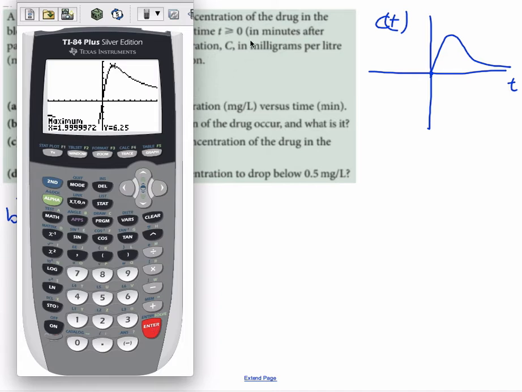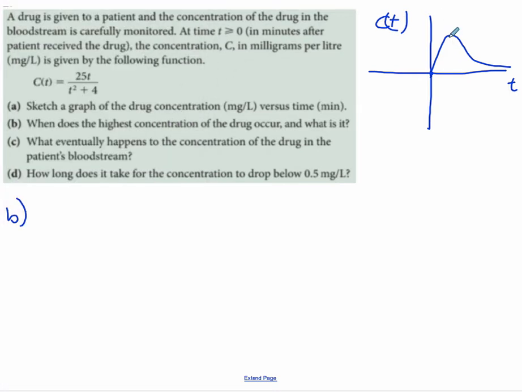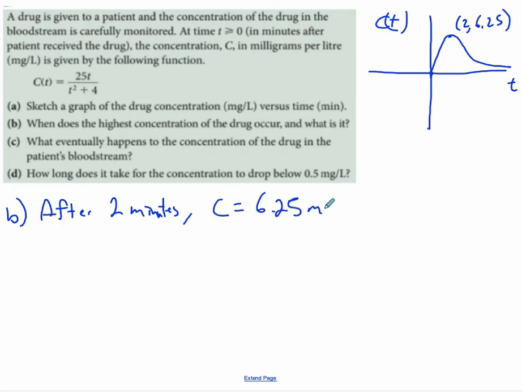It looks like about (2, 6.25). So it happens after 2 minutes, and the concentration is 6.25 milligrams per liter.